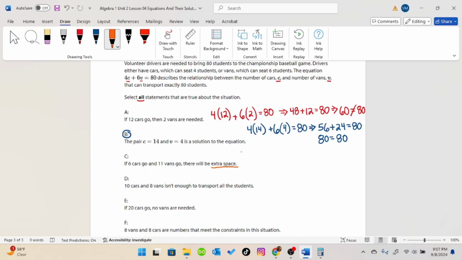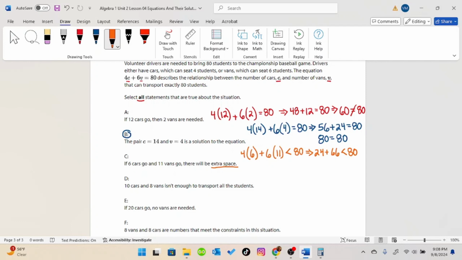So we substitute 6 for C, and we substitute 11 for V, and this needs to be less than 80 to have extra space. 4 times 6 is 24. 6 times 11 is 66.